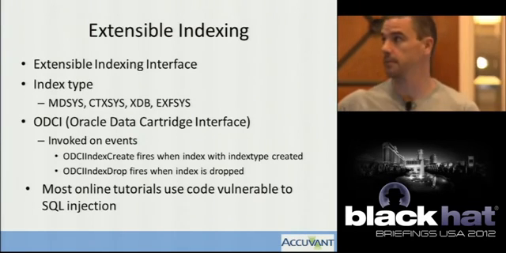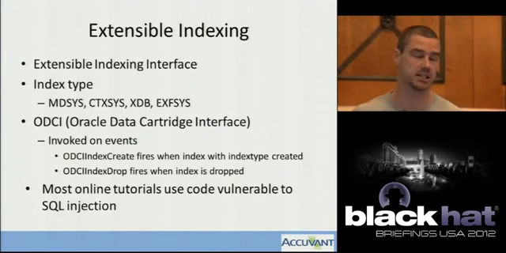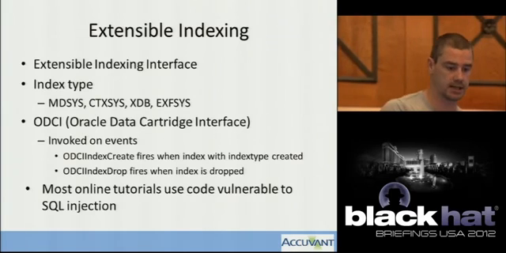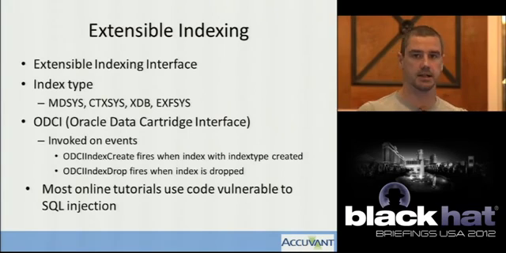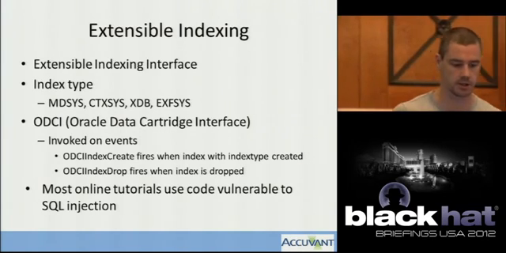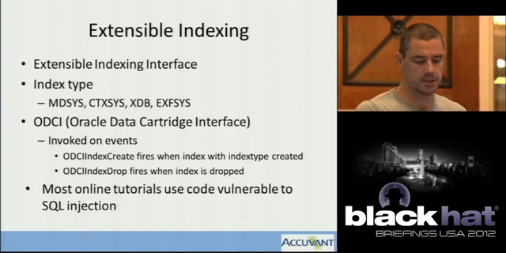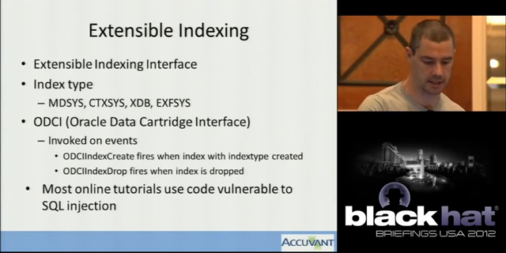So MDSYS, CTXSYS, XDB and XFS-sys, all these have their own index types that basically describe non-standard data, in other words, non-numbers, non-varchars, and so on. So these are used for things like the spatial application and the context application and so on.